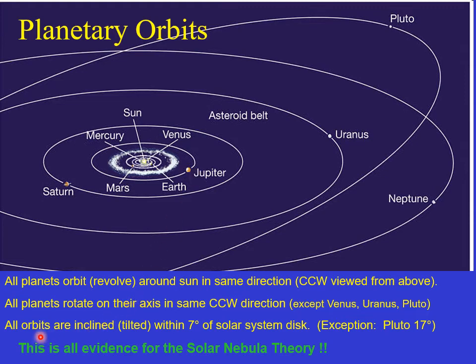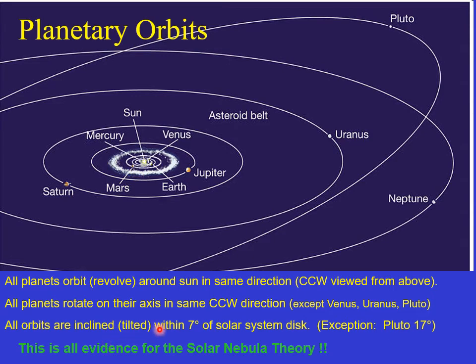The other thing is that you notice that the planets, let's ignore Pluto for just a little bit, but all of the 8 major planets, Mercury, Venus, Earth, Mars, Jupiter, Saturn, Uranus, and Neptune, they all lie basically in a flat plane. In other words, you could set this model down on a table because it's kind of flat.